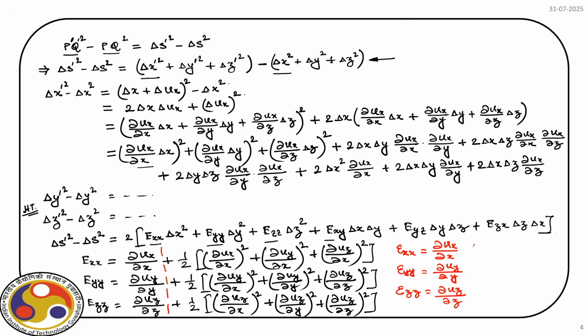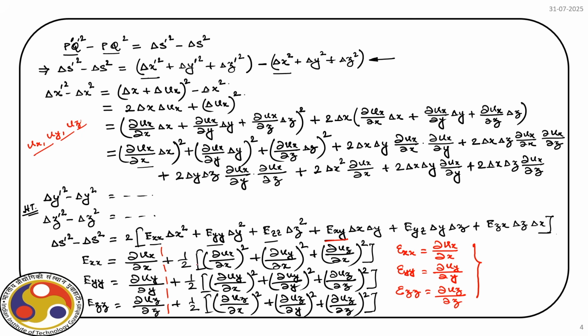So, these are axial strain. I am about to explain the shear strain part, which is here, that we will do in a minute, but for the time being what we get, if we know the complete displacement field given by ux, uy, uz, then we can find out all these components.